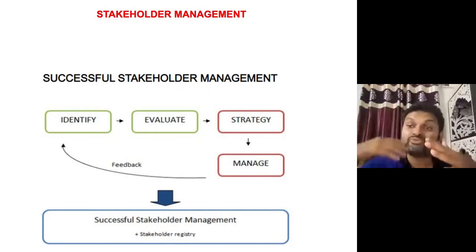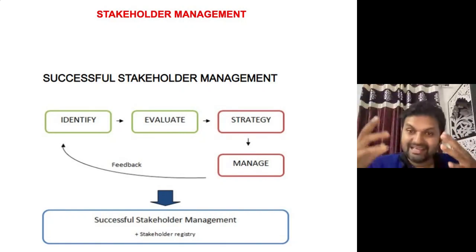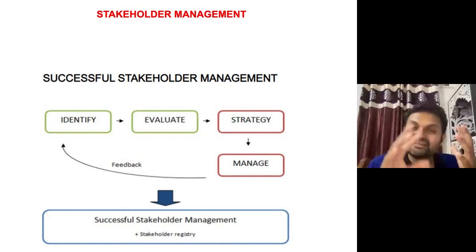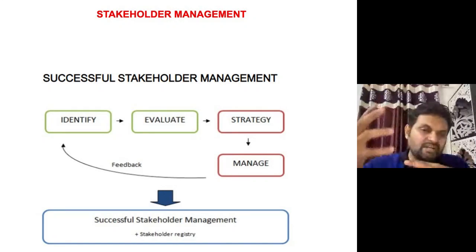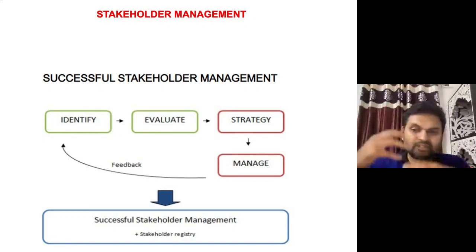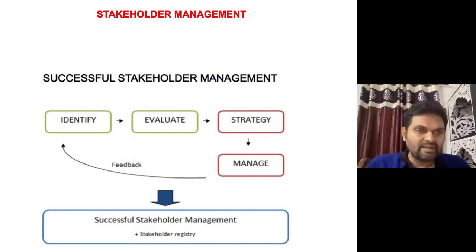Evaluate means analyze them. Then prepare a strategy on the basis of your analysis. And once you prepare the strategy, work on it to manage them. If anything changes, plus or minus, or if new stakeholders appear, or they're not responding as expected, try to change the strategy. This process rotates so that you can successfully handle your stakeholders.